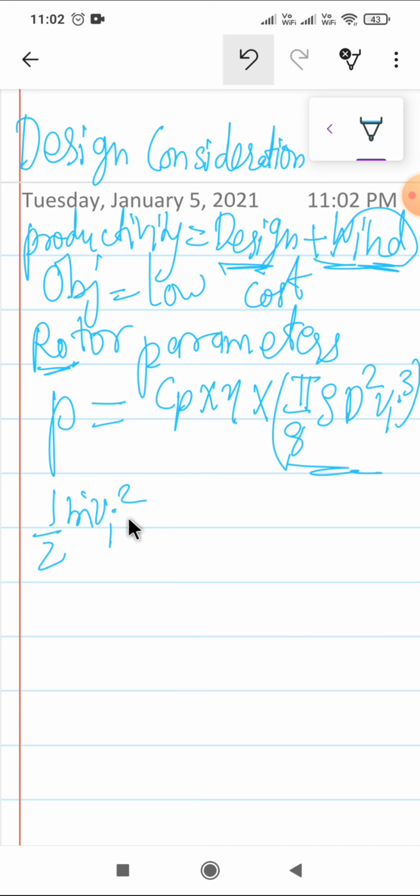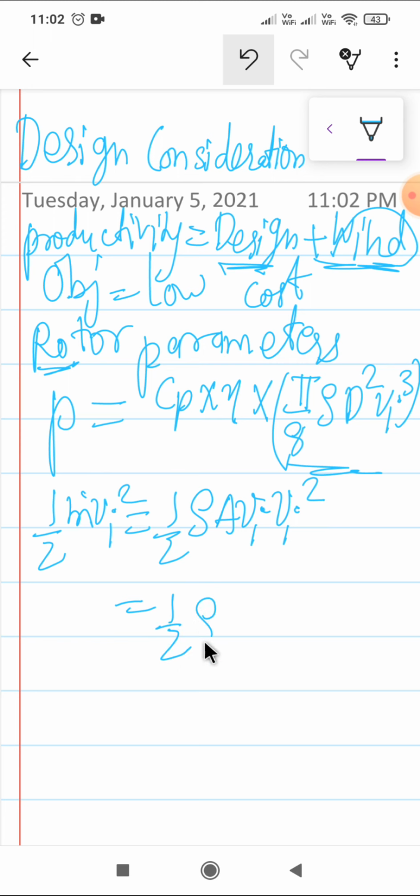From this we can write 1 half, mass we can write as rho into area A into velocity Vi, and Vi square is there. So we will get 1 by 2 rho A, where area is pi by 4 d square, so Vi cube.